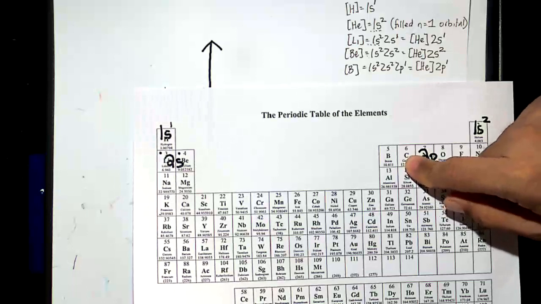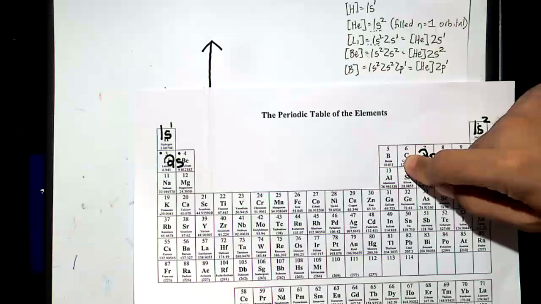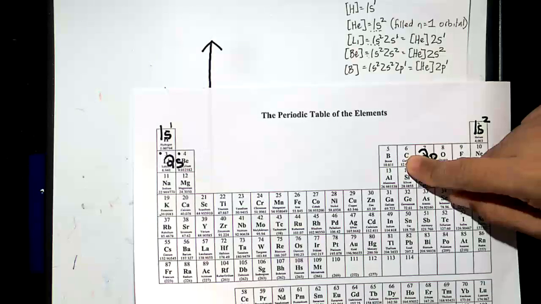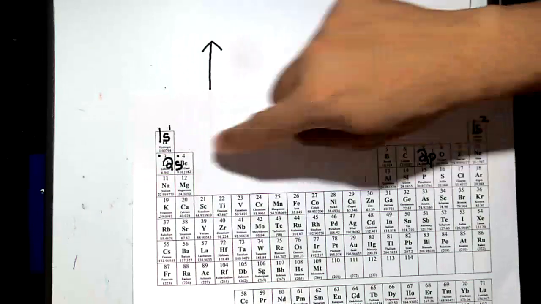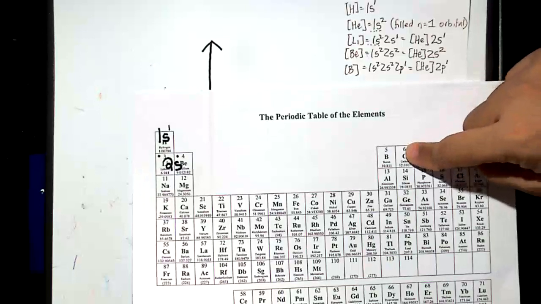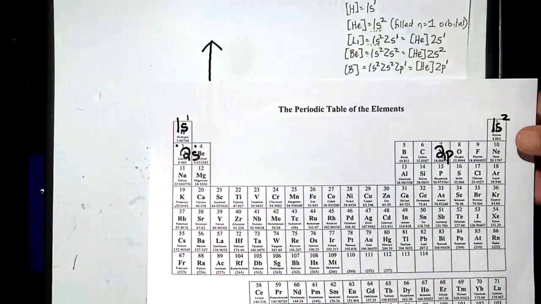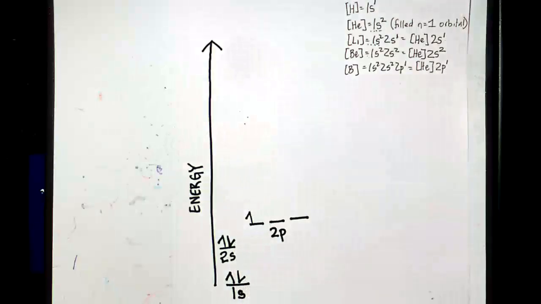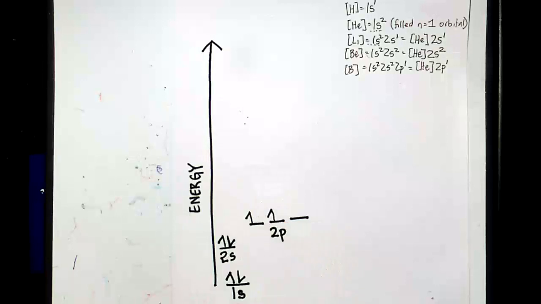What about carbon? Anybody here taking organic chemistry? Organic chemistry is all about the carbon. The central atom is carbon chemistry. Where will this 6th electron go? Well, 1, 2, 3, 4, 5. Where will electron number 6 go? Carbon has 6 electrons, neutral. Okay, 2p.